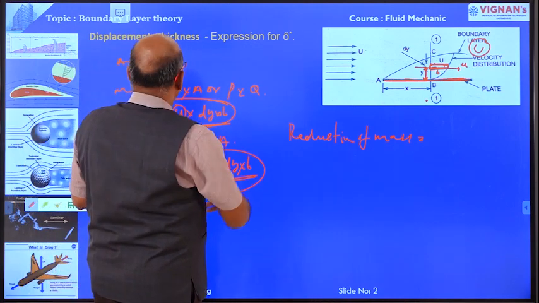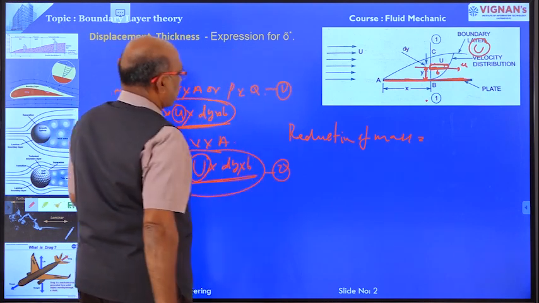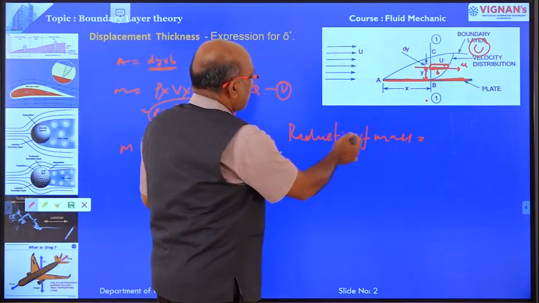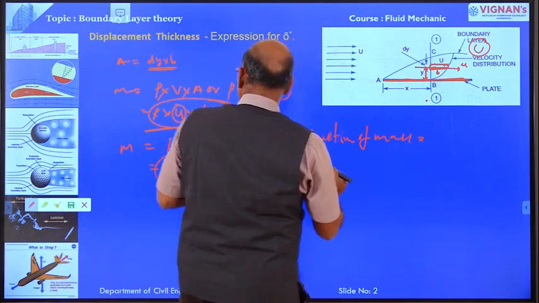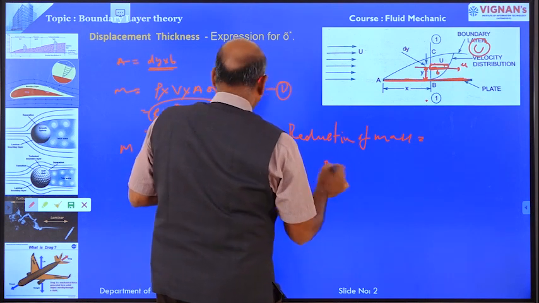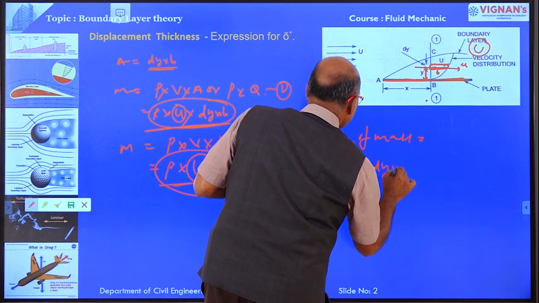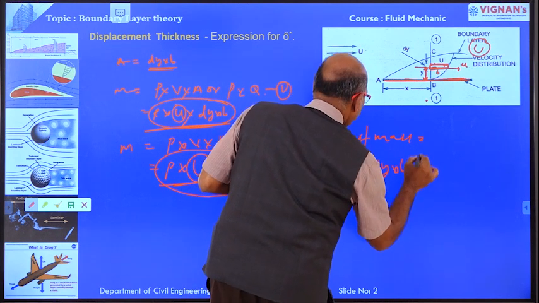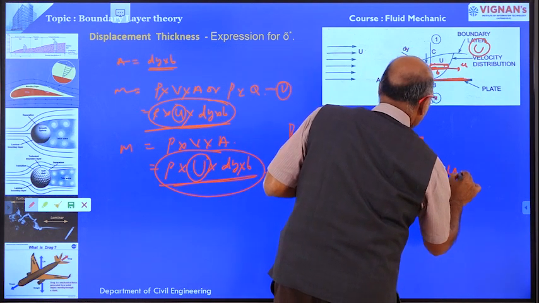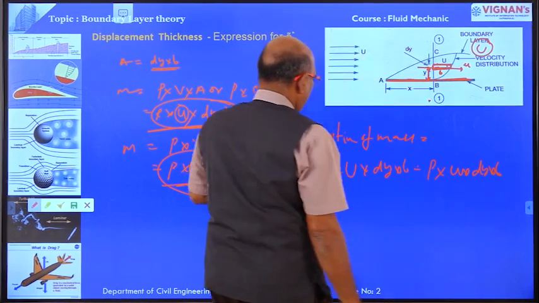Therefore, the difference between these two, say equation number 1 and equation number 2. Equation number 2 minus equation number 1, we have the reduction of the mass of fluid, that is equal to rho into capital U into dy into b minus rho into small u into dy into b, right.